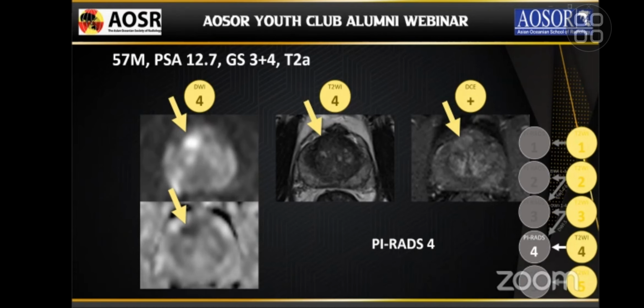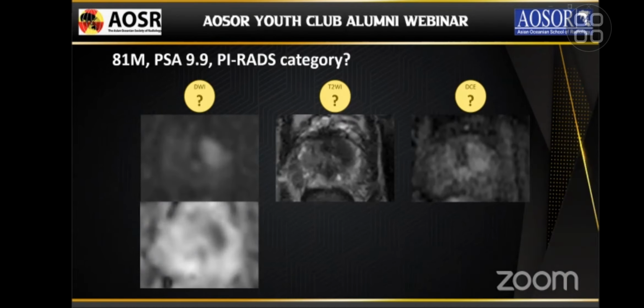This is the next case. Please score each sequence and the overall PI-RADS category. DWI and ADC maps show a relatively large focal lesion with marked diffusion restriction in the left transition zone, making the lesion DWI score of 5.